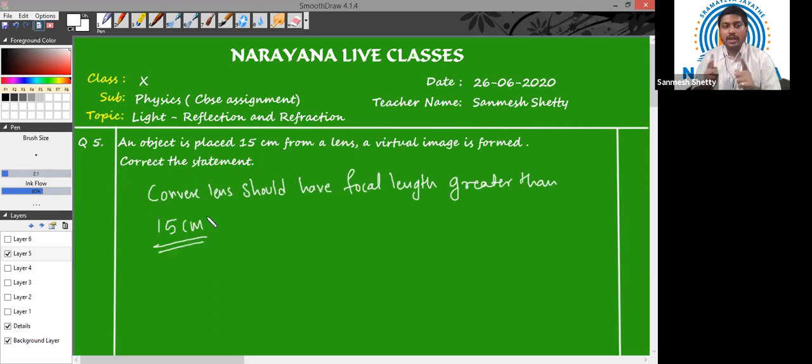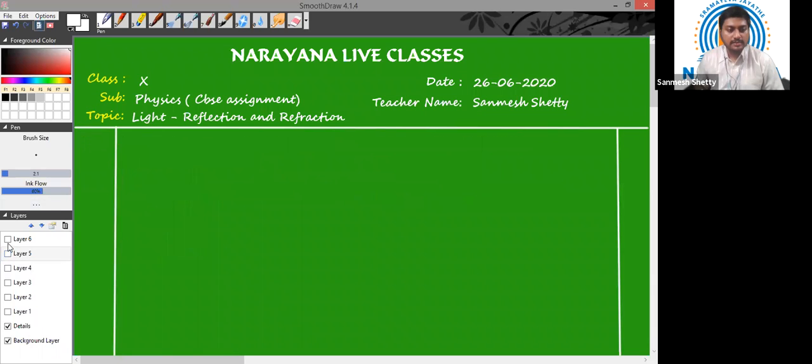If the focal length is greater than 15 centimeter, then only if we keep the object at 15 centimeter, the image will be virtual. I hope the point is clear. Let us proceed further to our next question.